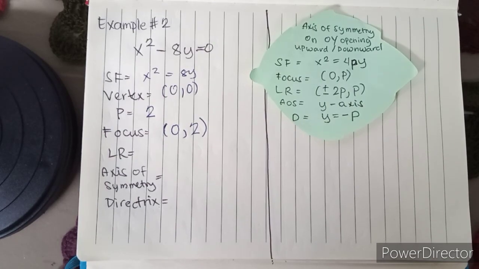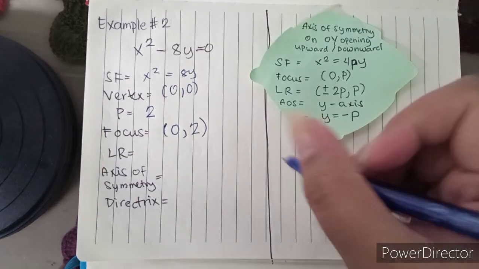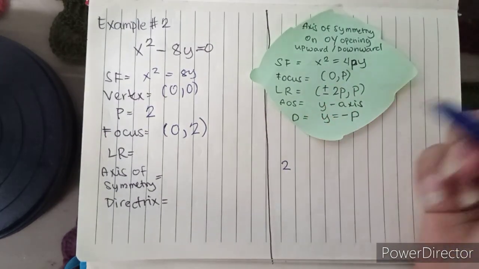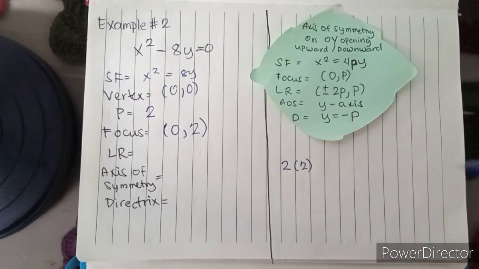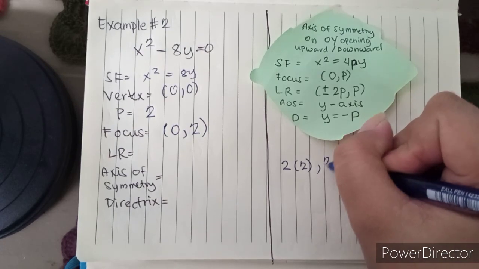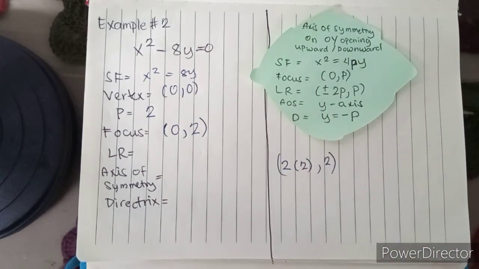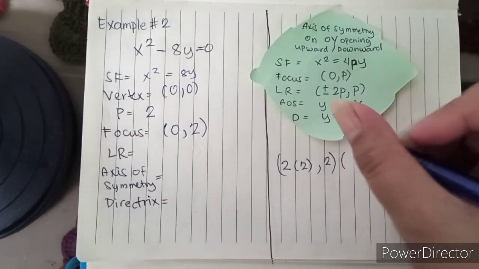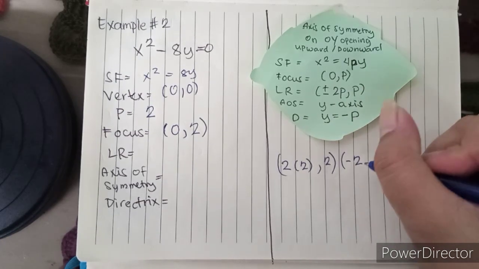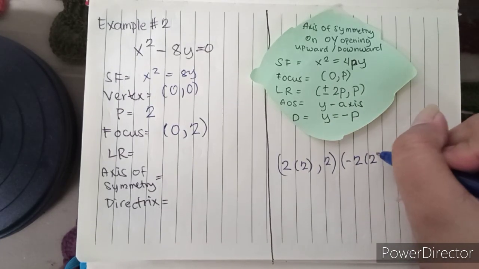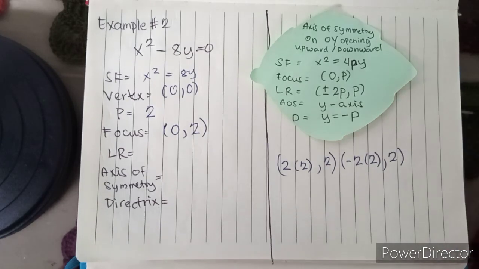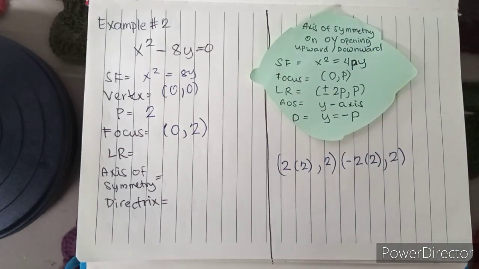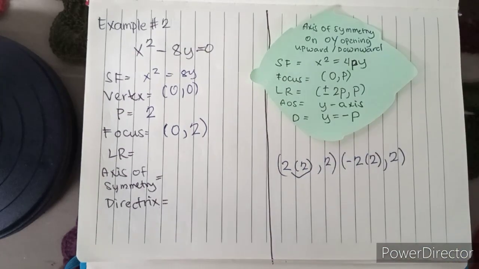Simplify muna natin siya. So, first we have positive 2 times daw sa value ng P, which is 2. So, ito yung unang ordered pair. So, the other one, negative 2, imumultiply din sa value ng P, which is 2. Okay, let's simplify. So, we have 2 times 2 is equal to 4.